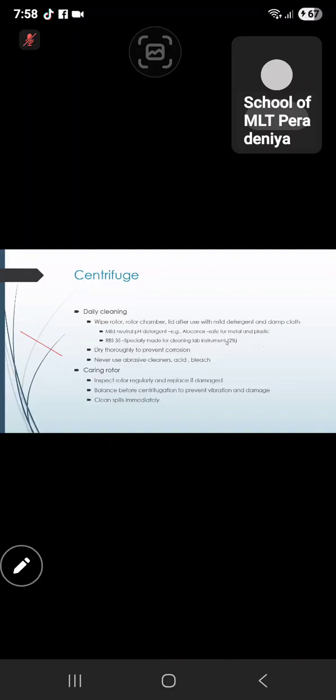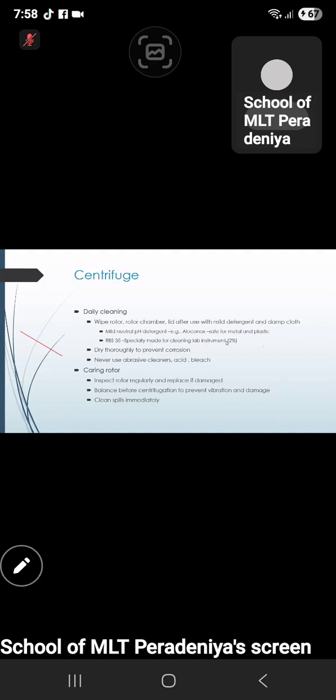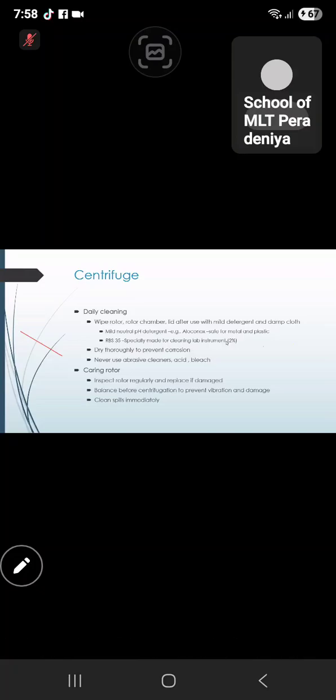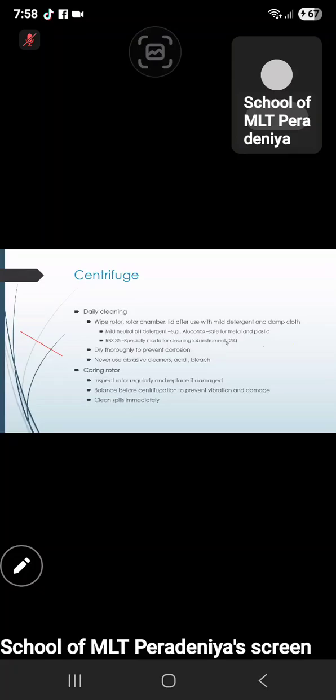The detergent is to remove any dirt, grease, or any stain. That is why we use detergent. And alcohol we use to avoid the spill or disinfect the centrifuge.